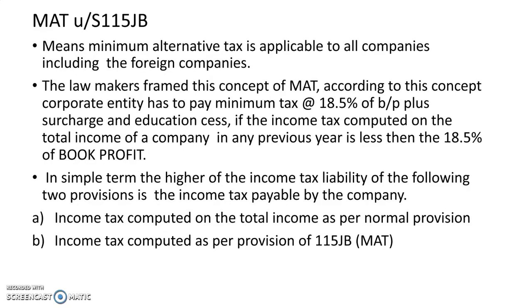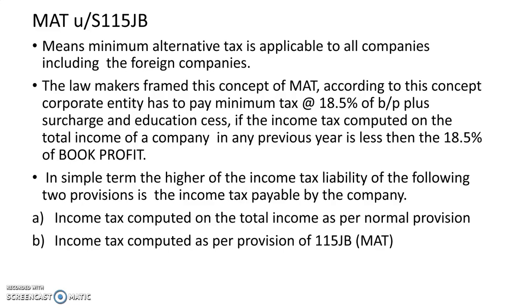In case of a company, there is one more provision, that is MAT under section 115JB. MAT means minimum alternative tax. It is applicable to all companies, including foreign companies. Why is MAT applied to a company's income?